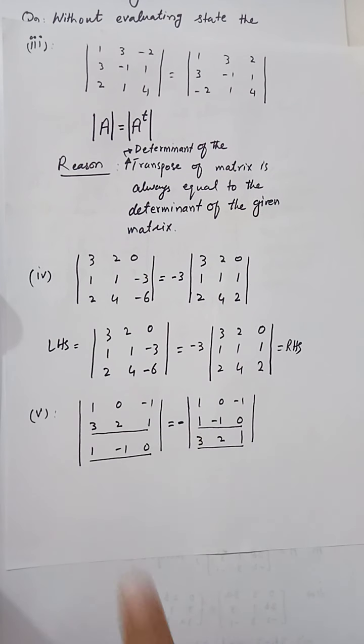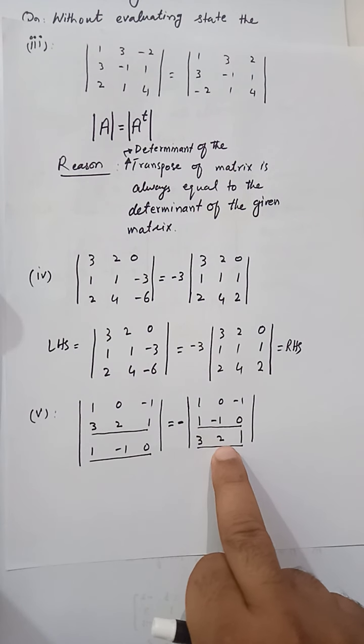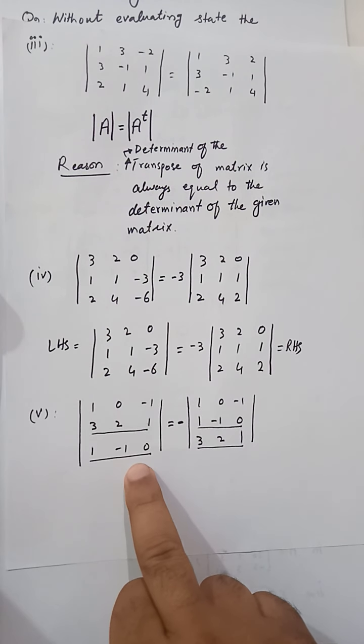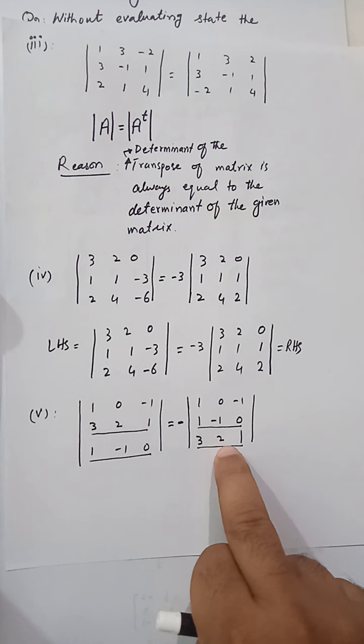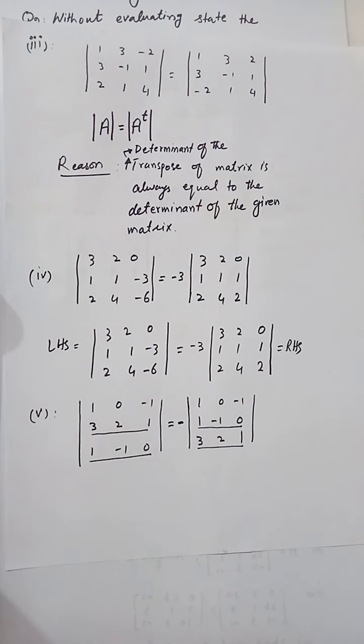Whenever two rows are interchanged, the determinant differs only by a sign. If the determinant of this matrix is 10, then this matrix, obtained by interchanging two rows, must have determinant minus 10. Whenever you interchange two rows or two columns, the determinant differs by just a sign.